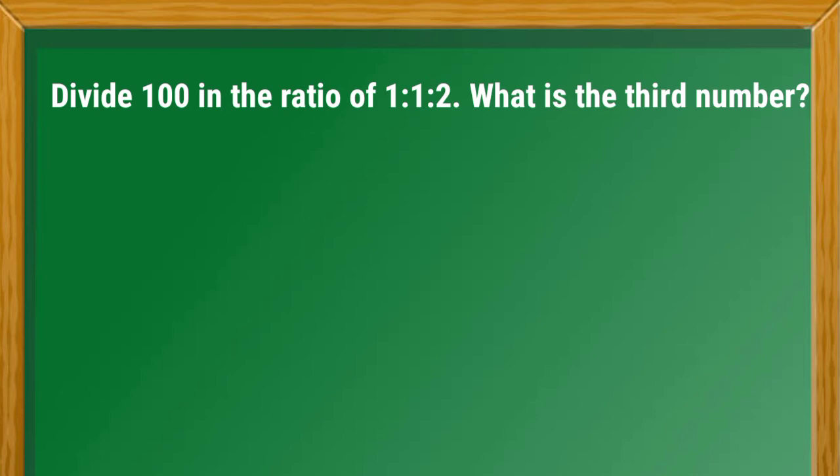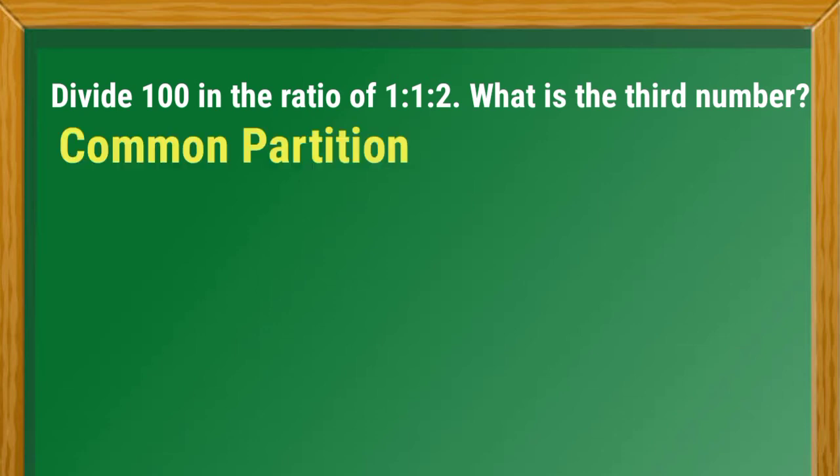As I said in the early part of this video, partitive proportion means the sum of the parts equals the whole. 1:1:2 here are not real numbers. It only represents a ratio. What we are going to find here is the common partition, and this common partition is represented by n.